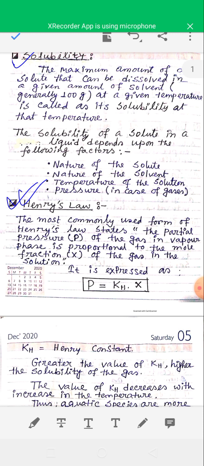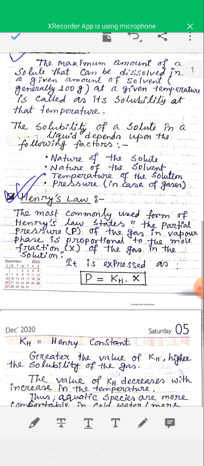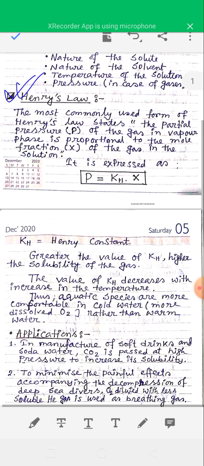Now see Henry's law. This law is applicable for solution of gas in liquid. Higher the pressure above the solution, higher is the solubility of the gas in the liquid or in the solvent.